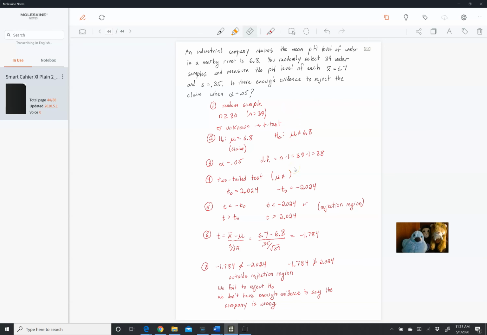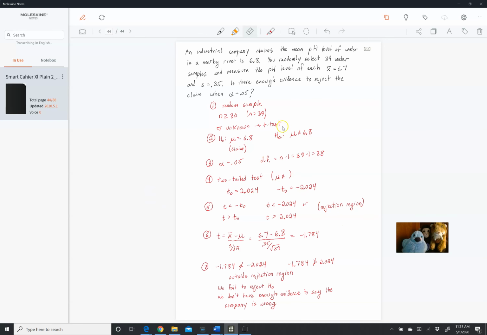It tells us which t-distribution we're using, which curve it is, okay? So we find that critical region and we try and determine if our sample, our test statistic falls within that critical region or outside the critical region. If it's outside, we fail to reject the null hypothesis. If it's inside, then we do reject it, okay?